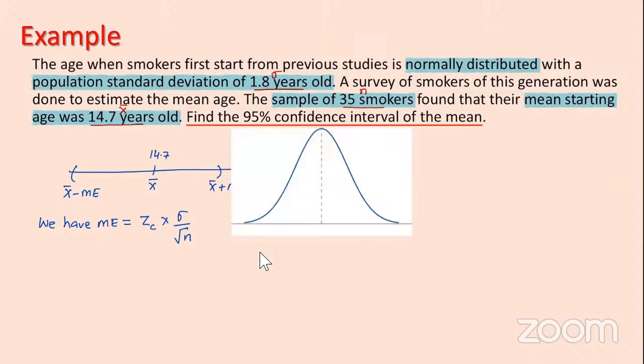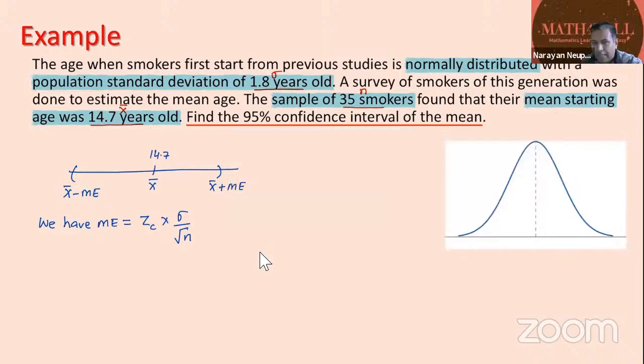Yes, no? Yes. Okay. So now let's try to find the z critical. For that, we start with the standard normal distribution. When I say standard normal distribution, your mean is 0 and standard deviation is 1. So along the x-axis, we have the z-scores.